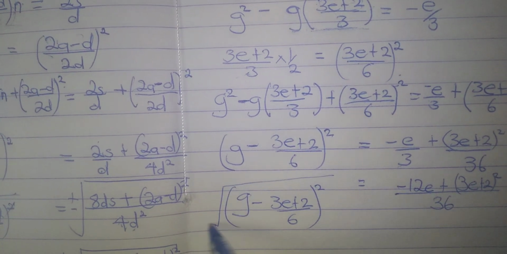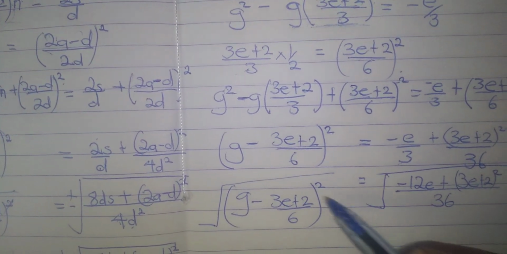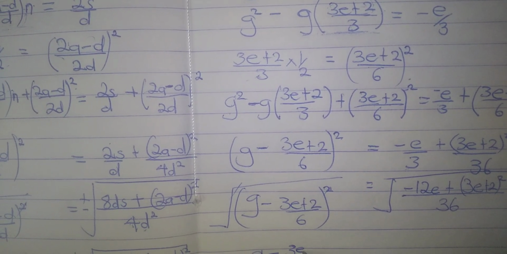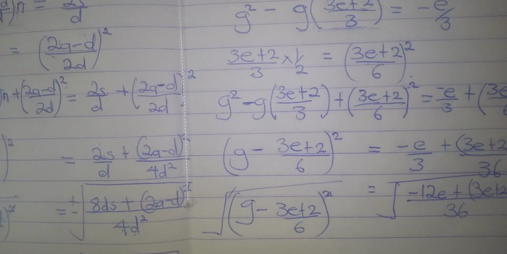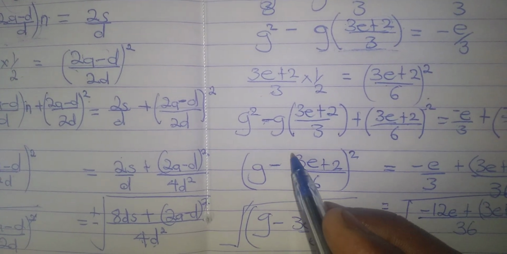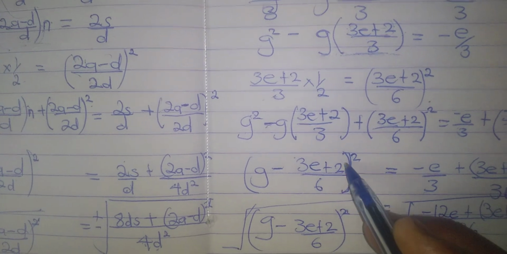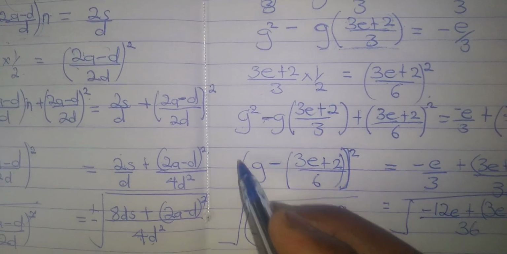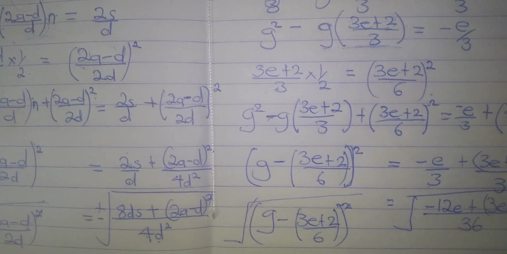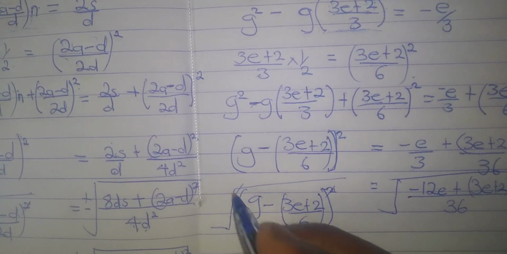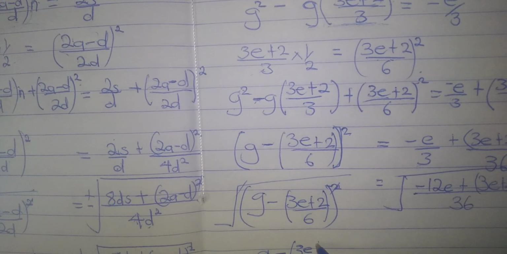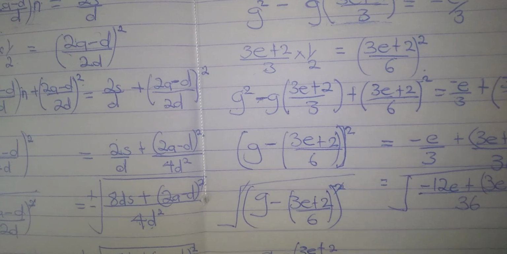So take the square root on both sides, so that we eliminate the squared, we remain with g minus 3e. But you remember, this ought to be put in a bracket because of the negative. We can put this in another bracket. So we have the square going with that, right? So 3e plus 2 over 6.